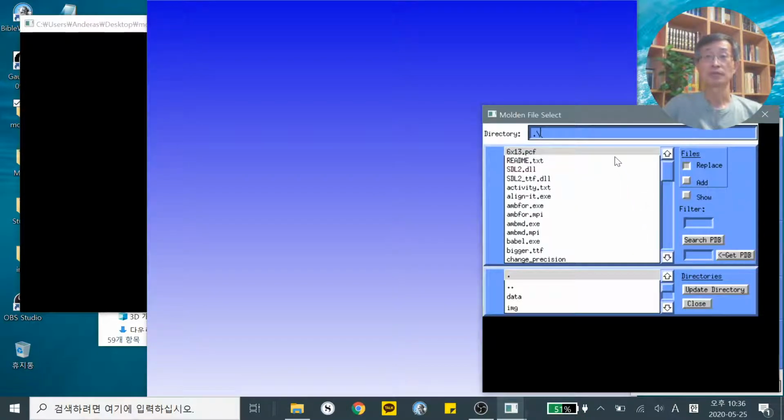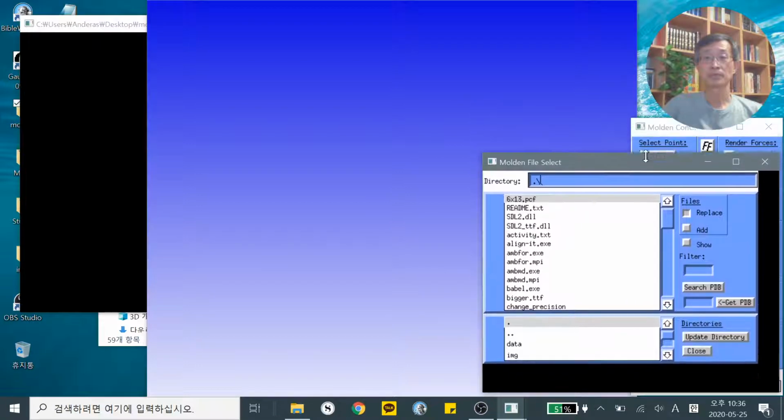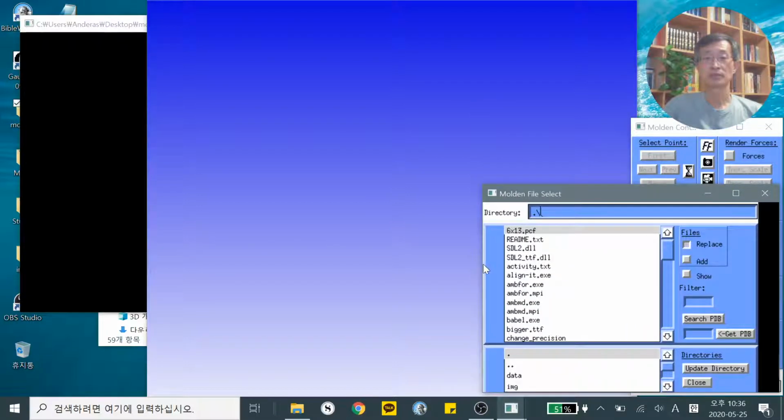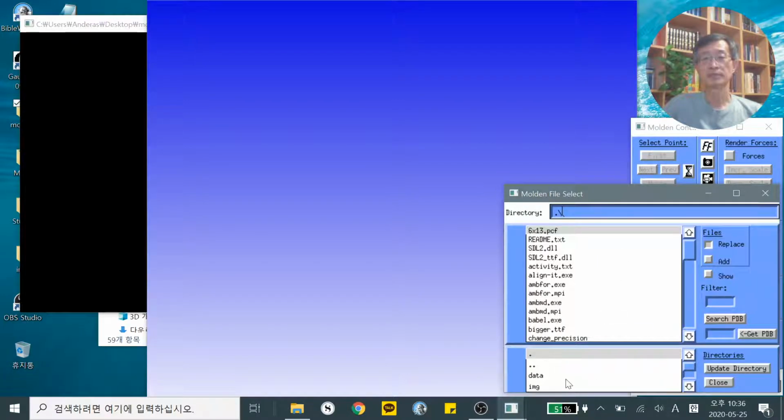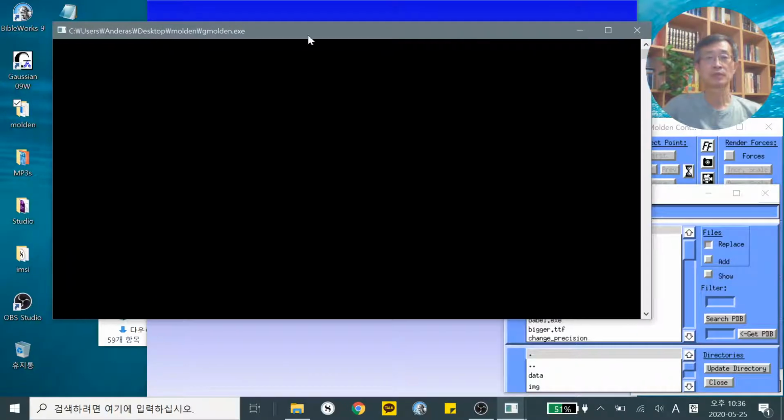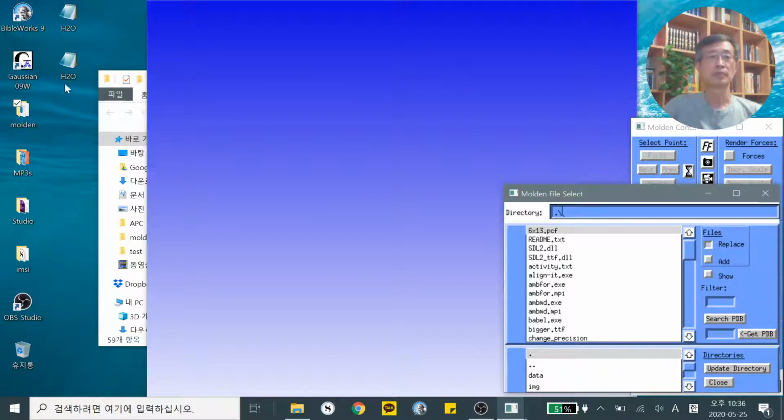So if I push the button, it just opens another window, and then it lists the directory. This is the Molden directory. You recall that the Molden directory is here at the desktop, and your output file is also on the desktop.